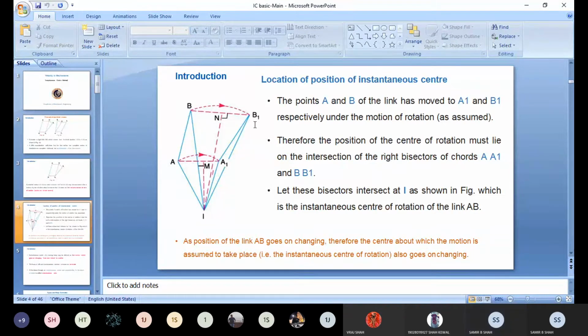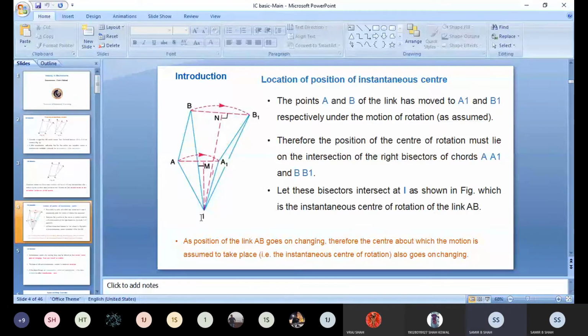Therefore, the center about which the motion is assumed to take place, which we consider as I, also goes on changing. Thus, the instantaneous center of a moving body may be defined as that center which goes on changing from one instant to another.